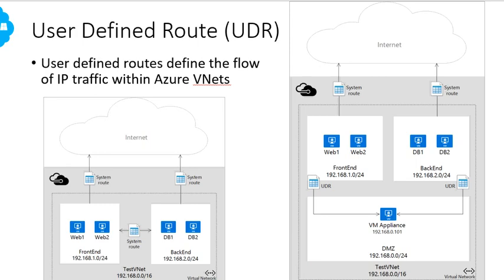Microsoft does the same thing, but virtually. You can see the web application front end moved away from the back end, and then you can allow the DMZ with user-defined routing to permit communication between the two, in the same subscription, different subscriptions, same tenant, different tenant, and so on.